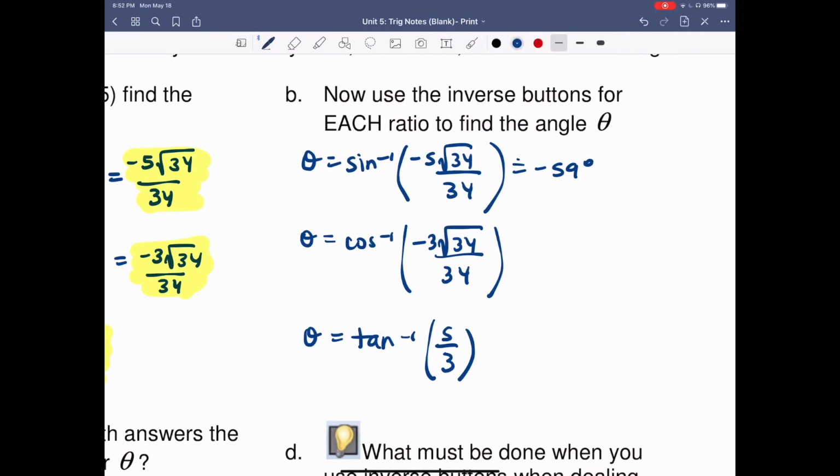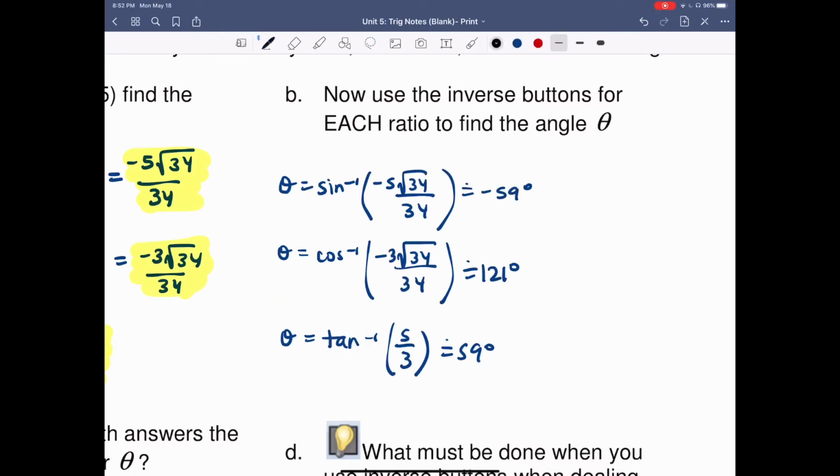And if I was to keep going, I'm going to get angle 121, angle about 59 degrees. I'm going to draw these out quickly so you know where about they are. This is how I do it. If this is 0 degrees, that means it went from here, the initial arm, and it went down -59, which means I went clockwise for that to happen.